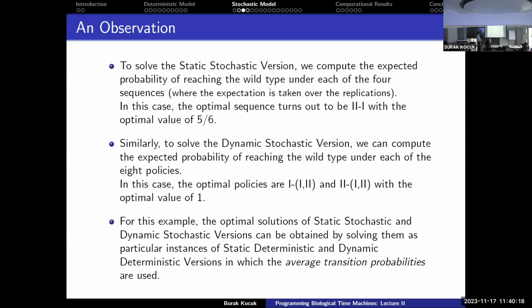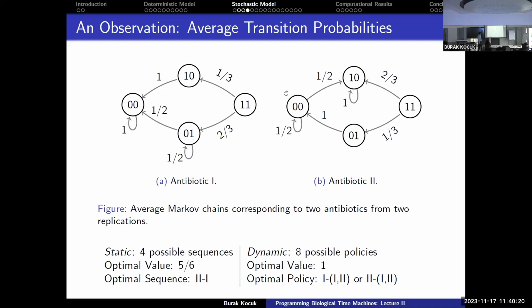Okay, so I have a picture. So observe that this Markov chain is definitely different for all of the realizations. Right? Because remember, this arc was not here in the first realization, and in the second realization it was here, but with probability 1. Okay.